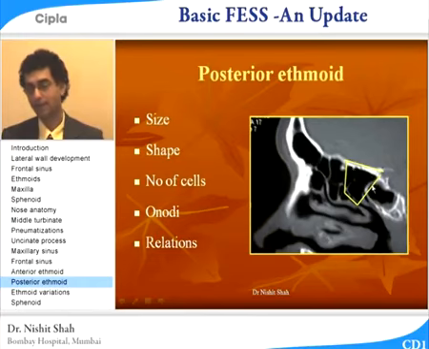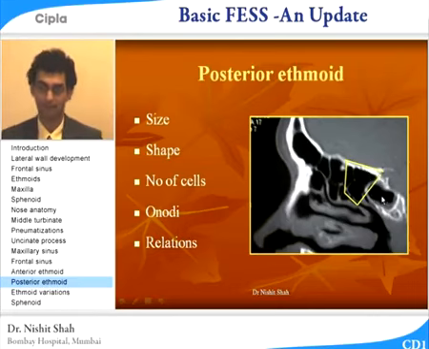In that case it becomes very closely related not only to the optic nerve but occasionally even to the internal carotid artery. It has to be kept in mind not just to prevent inadvertent injury to these structures, but also not to confuse it with the sphenoid sinus itself.